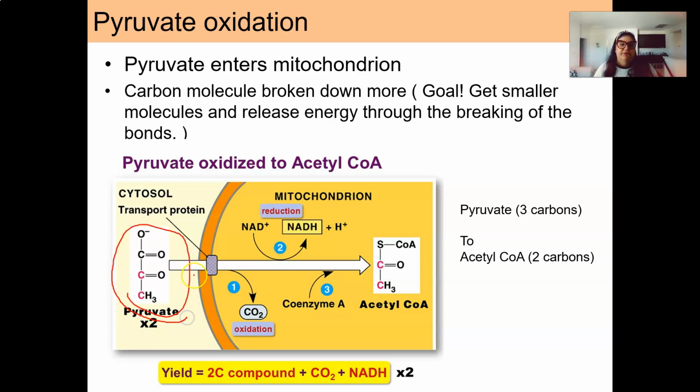I'm losing my electrons. So where are my electrons going? They're moving into the reduction reaction of NADH. So how many pyruvates do I have? 2. So I get out 2 NADHs.